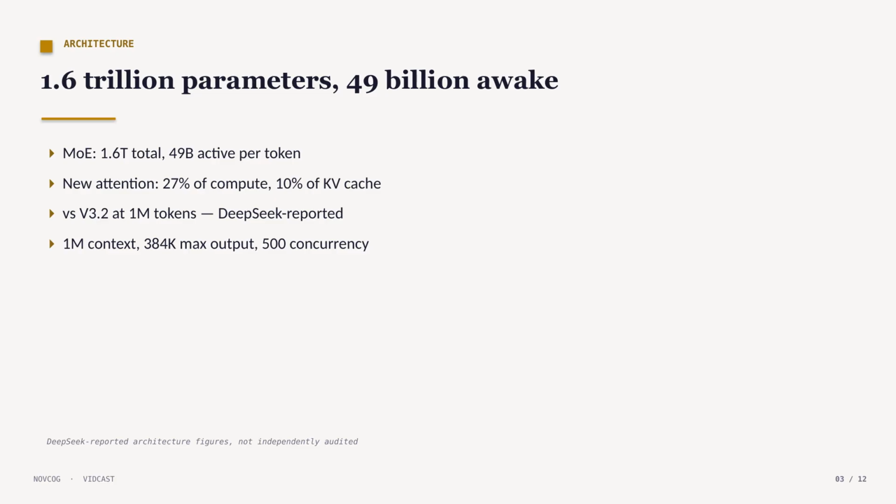It describes two attention variants, compressed sparse attention and heavily compressed attention, and says that at the 1 million token setting, they cut single token inference compute to 27% and the KV cache to 10% of what V3.2 needed. Context is 1 million tokens, maximum output 384,000. Pre-training is recorded at more than 32 trillion tokens. Remember the efficiency claims. They return later in a misleading form.